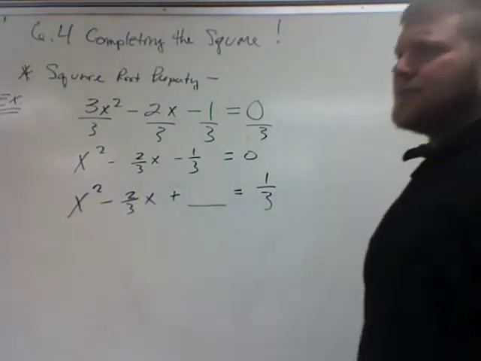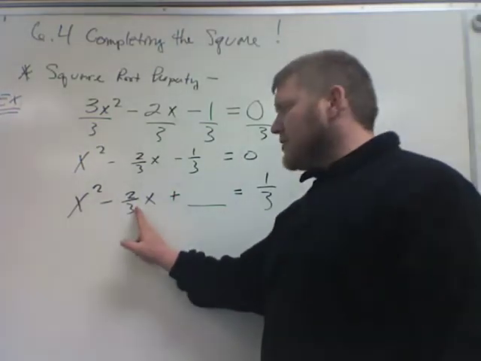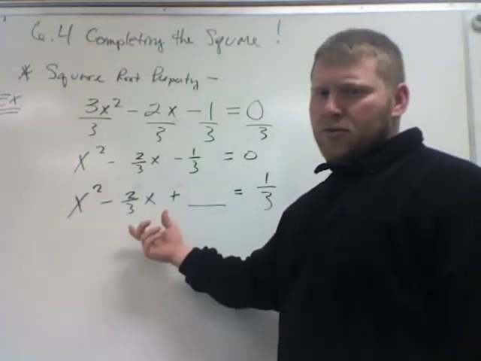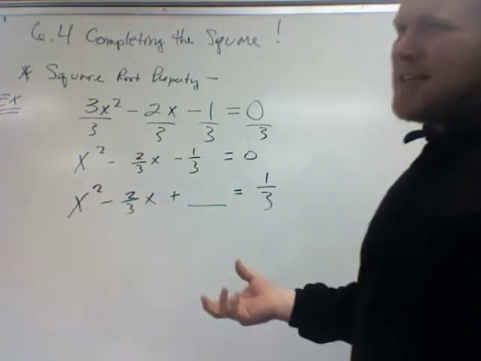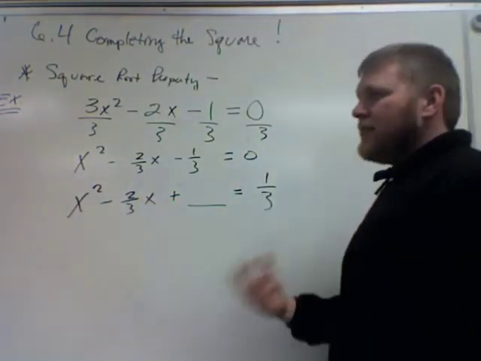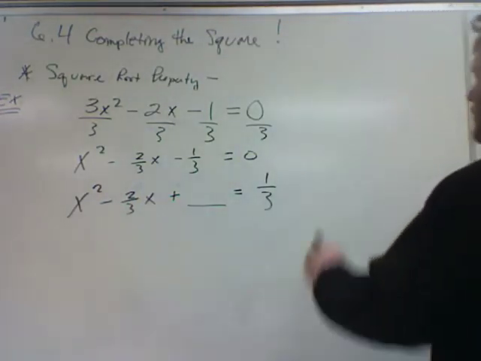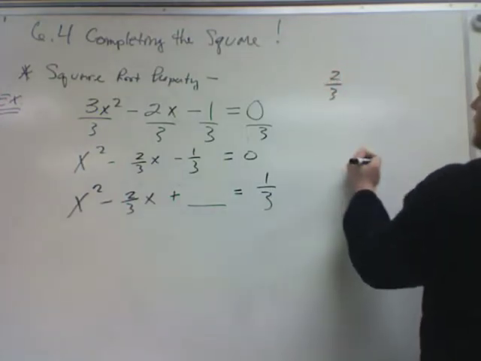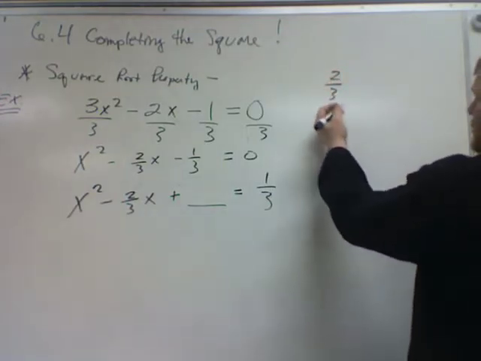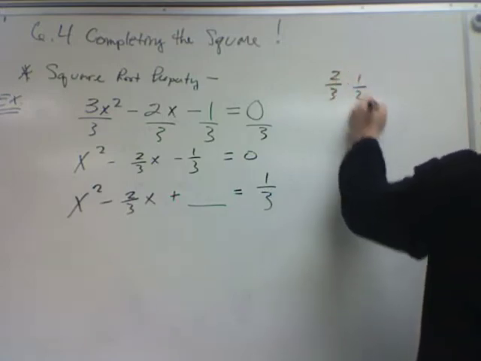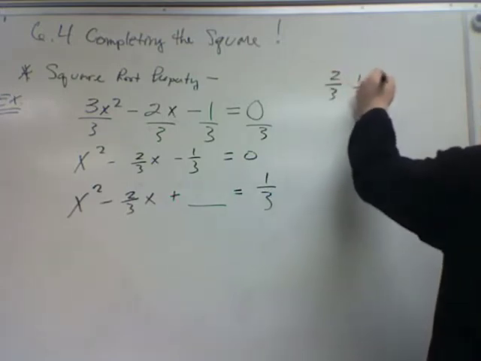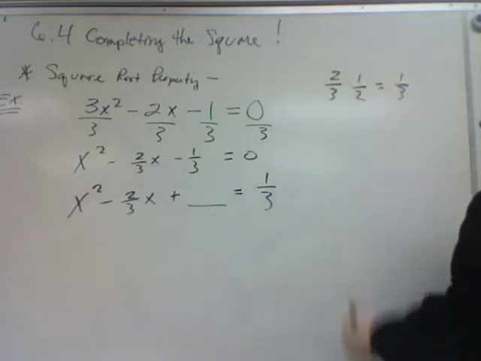Remember, you take the b value, the coefficient, so 2/3 divided by 2, or multiply it times 1/2. So I have 2/3 times 1/2, which is 1/3, and then square it.